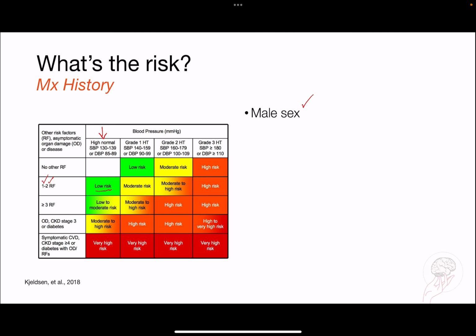So you're still at low risk, but pretty much one other risk factor puts you low to moderate. Okay, so then if you're a man and you're greater than 55 years old, by virtue already of being a man over 55 and with obesity, you already are in this 3 risk factor group.